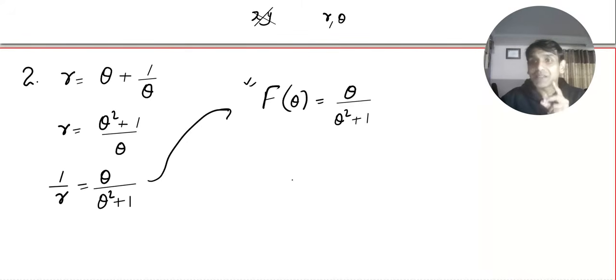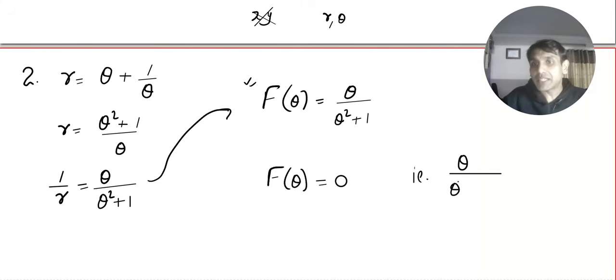Now, do you remember step number 2? In step number 2, we equate this function to 0. That is, theta divided by theta square plus 1 is equal to 0. Cross multiply or use any solving technique that you know. Anyway, I can see that the only value that is possible is theta equal to 0.